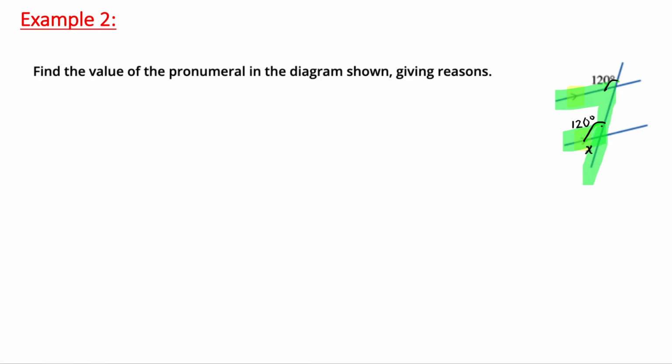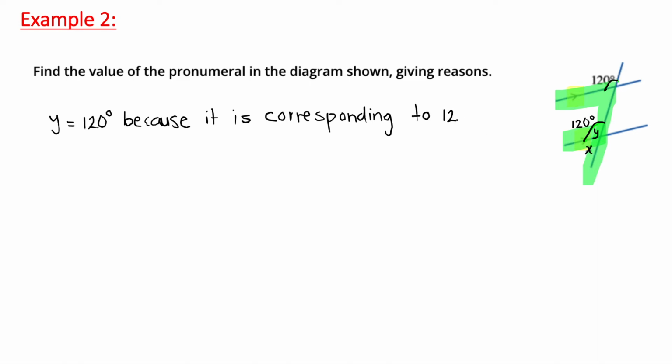So let's label this angle Y. So we're going to say Y is equal to 120 degrees because it is corresponding to 120 degrees, this angle that we had here, agree?